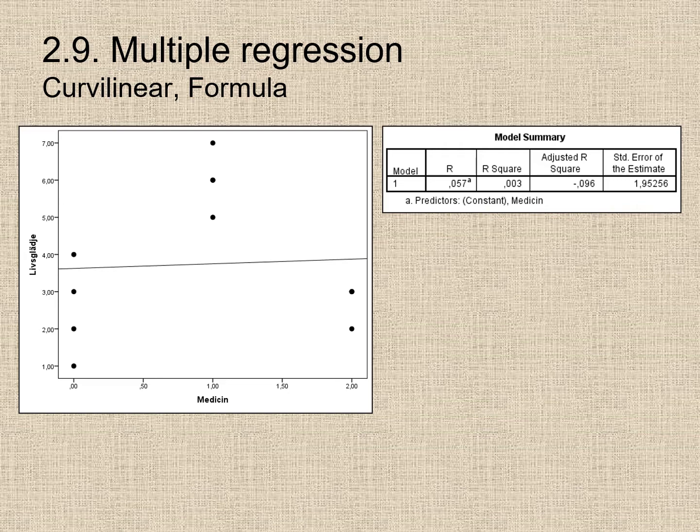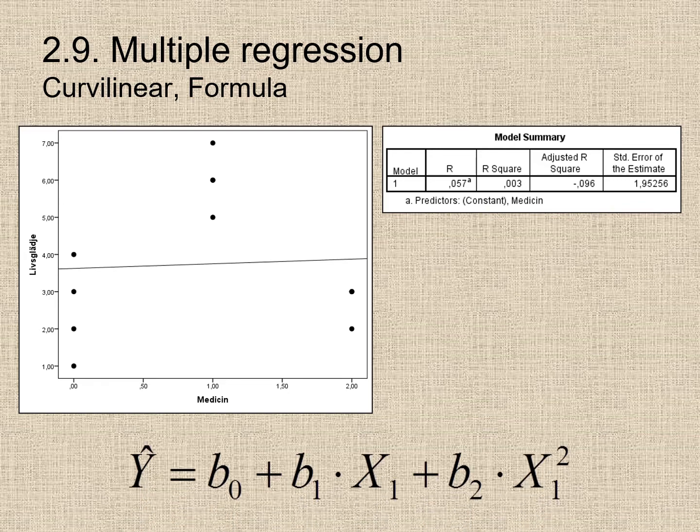Then you get a curve instead of a straight line. So what we do is that we take our independent variable and we square the values. And then we put in both our original values and the squared values. Put them both into the model as predictors.